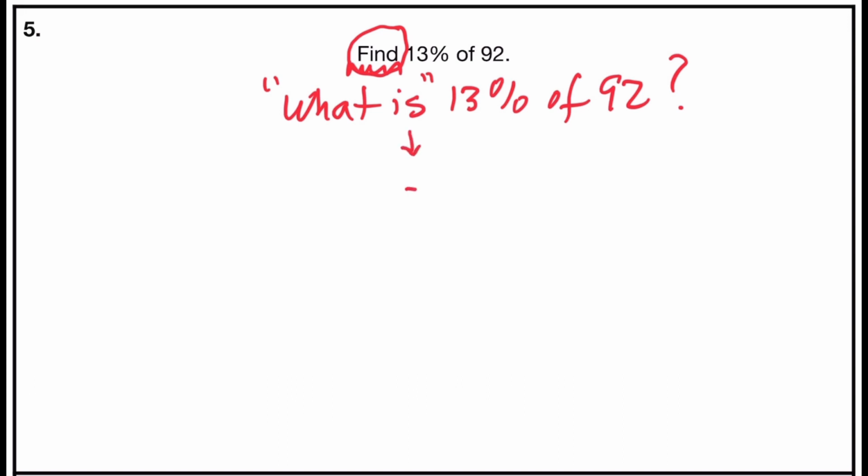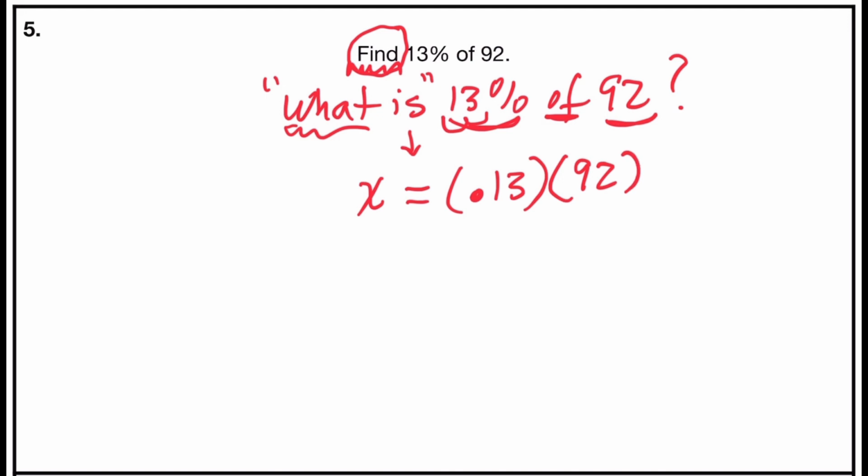Here's the word is, that's my equal sign. The what on the left side is my variable x. Here's my of, so I'm going to multiply 13% and 92. I'll write 13% in its decimal form, move the decimal 2 places to the left, that's 0.13, times 92.